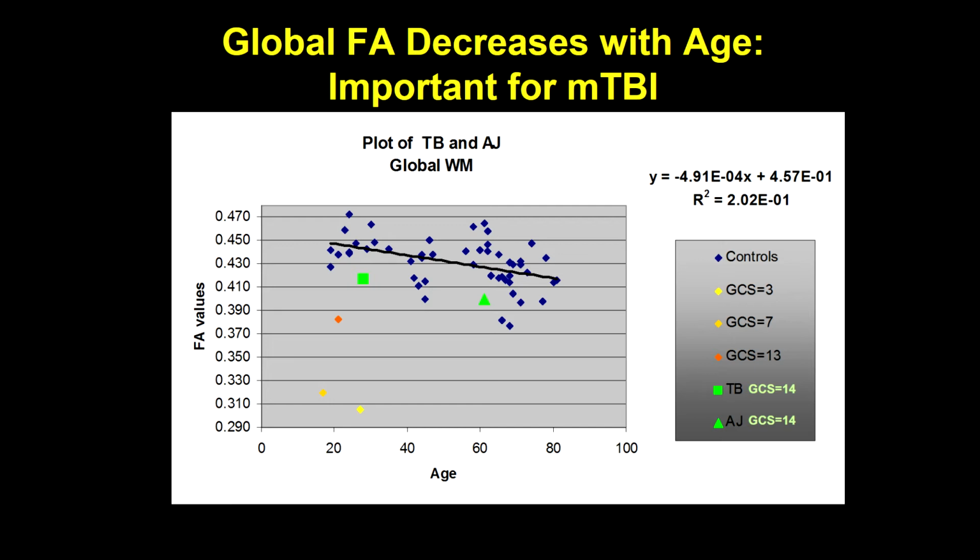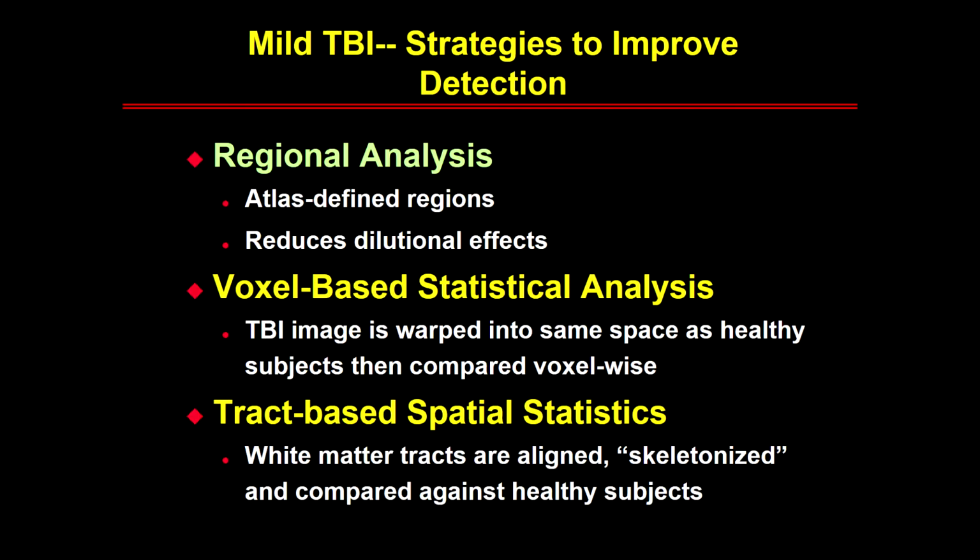What we see here is a cohort of 50 normal, healthy individuals, and what we found, as others have, is that there is a decline in the average FA throughout age. So when we do our image analysis, we take into account the age effect and effectively regress out or correct for age, so that we can allow ourselves to be more sensitive and specific.